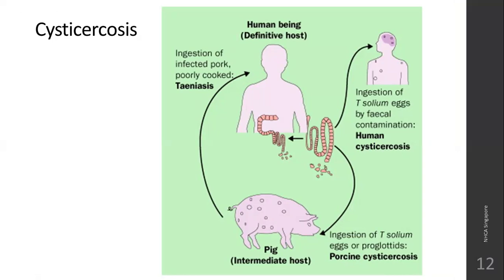Then cysticercosis, again the encystment of larvae. The larvae hatch in your brain and muscle areas, striated muscles, due to ingestion of eggs from contaminated soil. This larva can live up to 5 years.